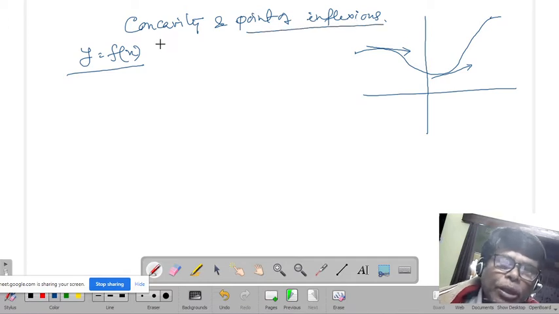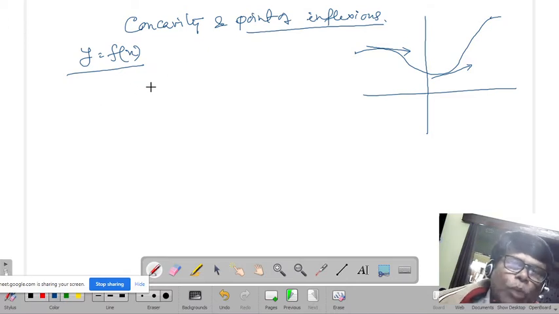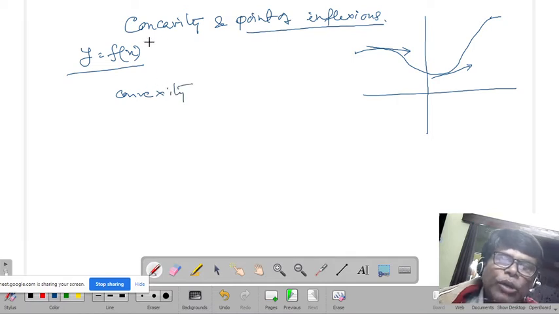Now this concavity is a property, and its opposite is convexity. So if there is a concave part in a graph, there may be a convex part as well, or vice versa. Before that, sometimes the curve is more or less parallel to the x-axis, so no change in values, but here it is decreasing.